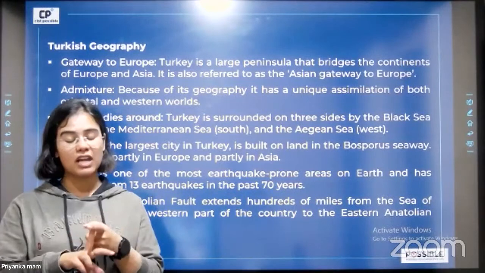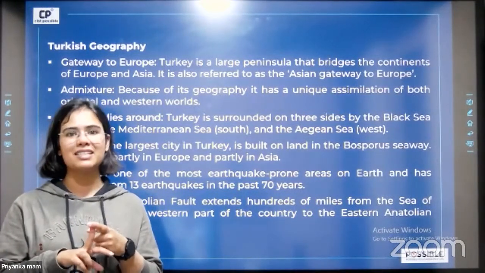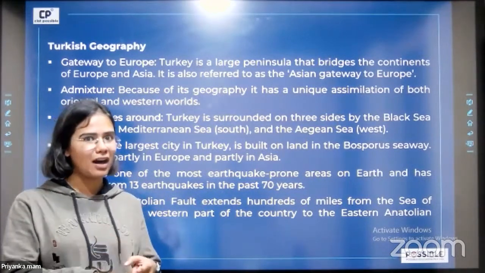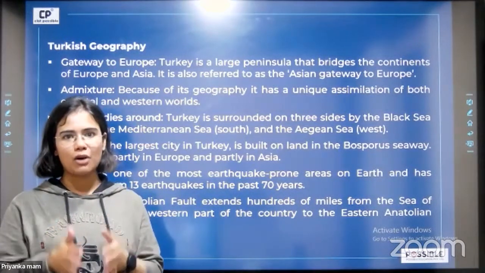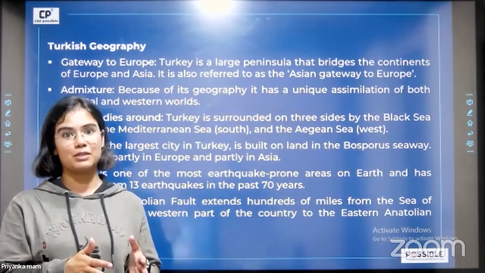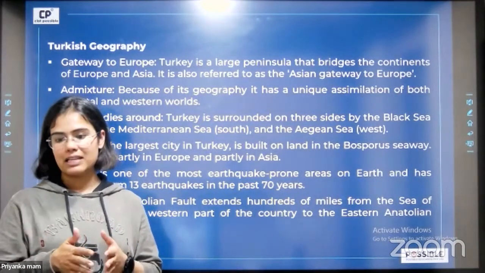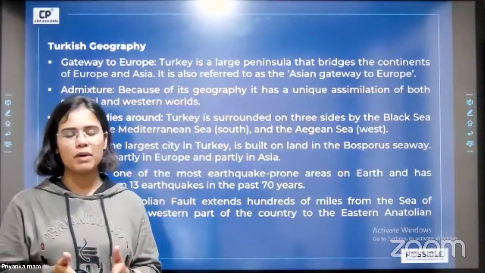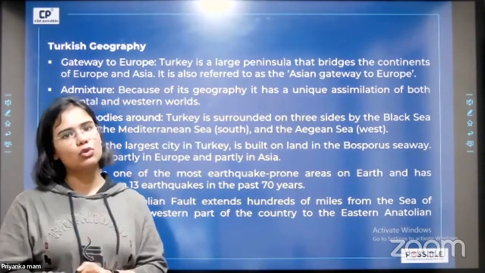And of course, the geographical location is extremely important because in competitive examinations, the questions that you think are going to be asked are a little different from that. So I'm glad that you now know the associated trivia with respect to Turkey, because for all you know, you could be asked the name of the strait that sir has just spoken about. I'm sure you've understood it so well. Kindly make a note of all of this.